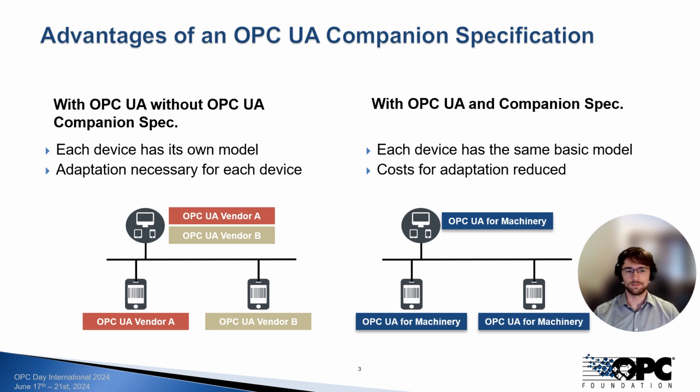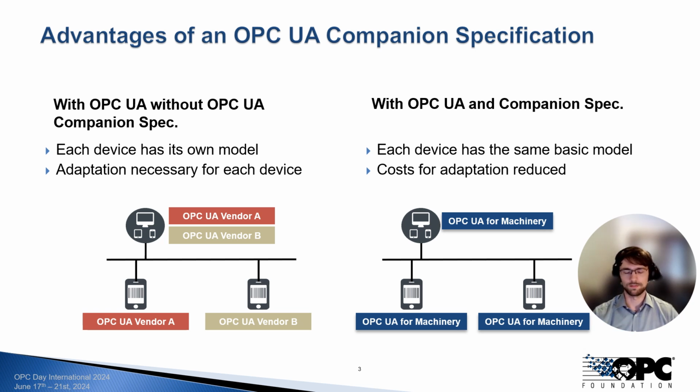We have two examples here. In both cases we are already using OPC UA on the transportation layer, so we have the connectivity mechanisms of OPC UA. On the left side we have two devices from two vendors, and each vendor has its own model on its device. This means that if I want to integrate both of those machines and connect them to my software solution, for each device I have to tell my software solution which data point means what.